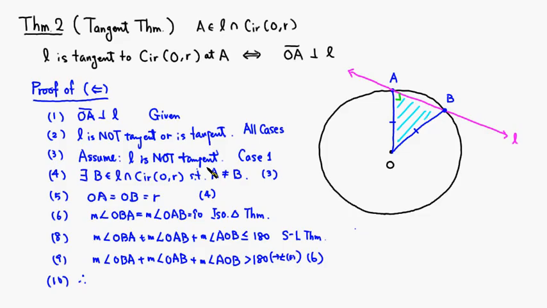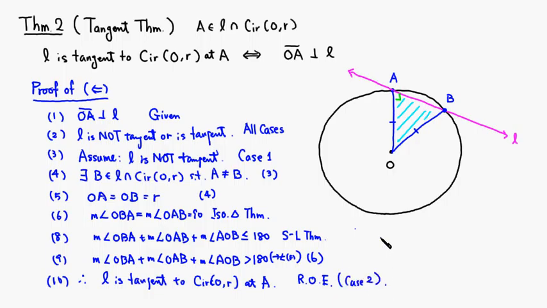We know that we assumed L is not tangent, so therefore L is tangent to the circle at A by rule of elimination. This is again case 2.